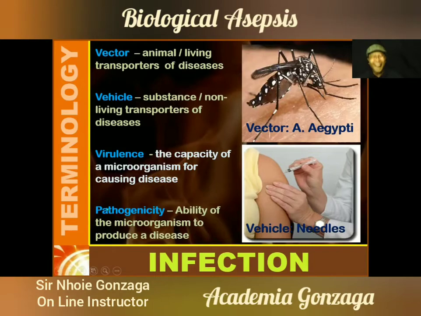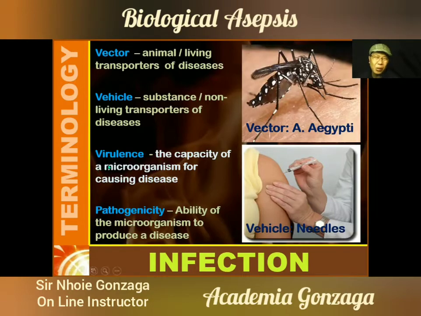Okay? Lastly here, pathogenicity. It's the ability of the microorganism to produce a disease. So if virulence is the causing of the disease, pathogenicity is the disease happening. So example, let us talk about COVID.